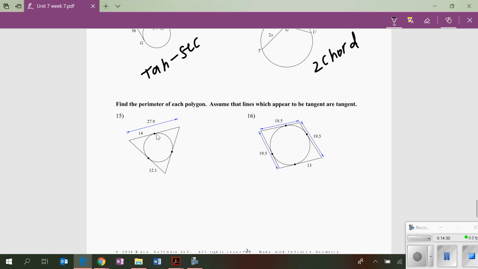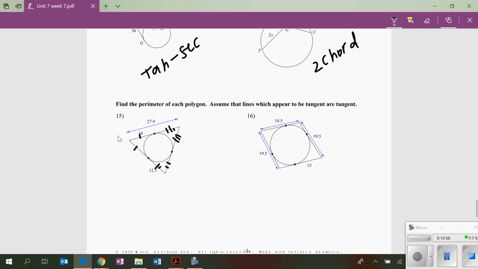So all of these can be considered as your 2 tangents, okay? So looking at your 2 tangent theorem, I know that this equals this, and this equals this. Okay, I'm using different marks because it's not necessarily going to be 14 and 14 or 12.1, 12.1 over here, right?